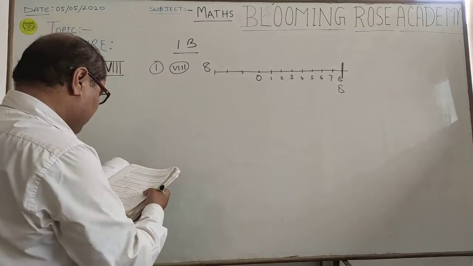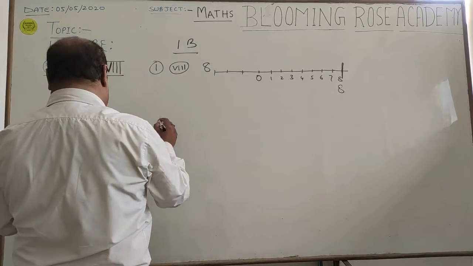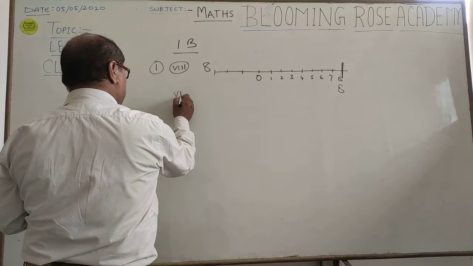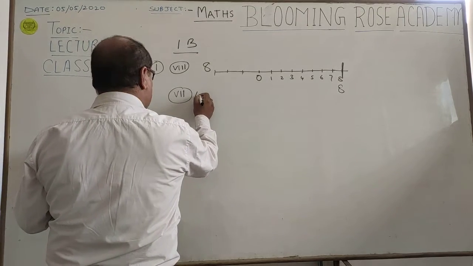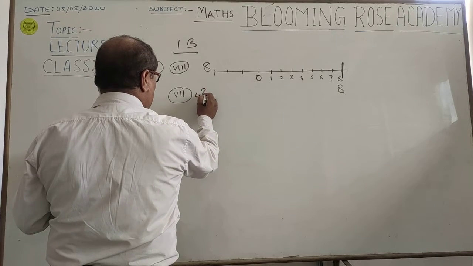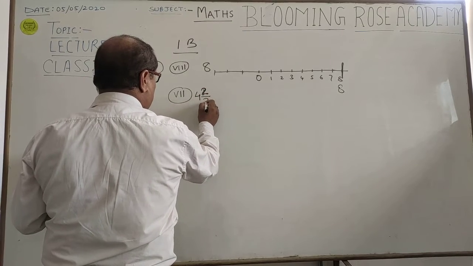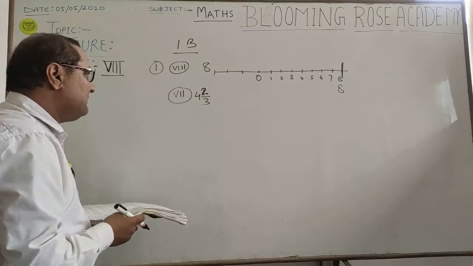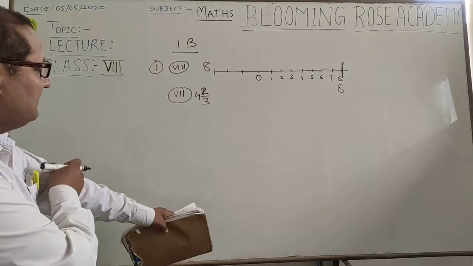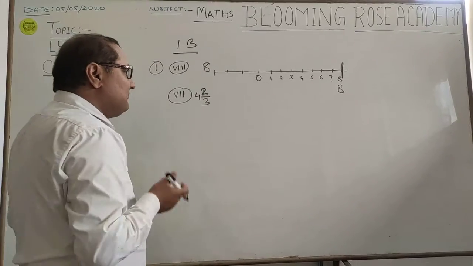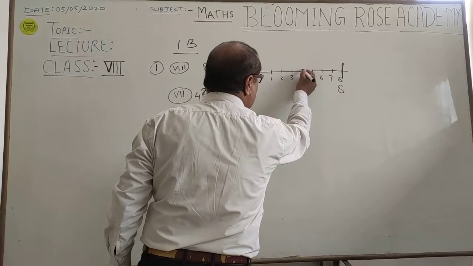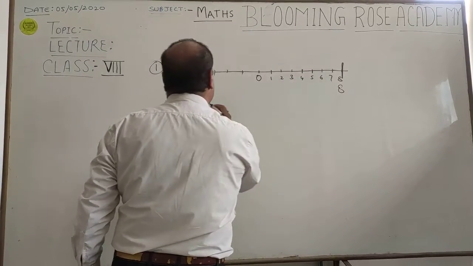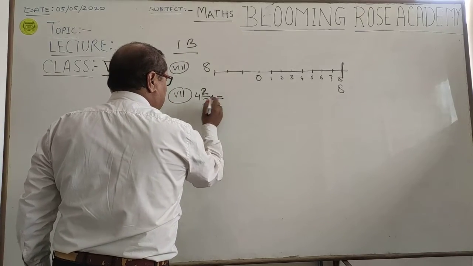Next question, question number 7, that is 4 and 2 by 5. How can we represent 4 and 2 by 5 on the number line? It is also very easy. Here this is 4 and this is 5.